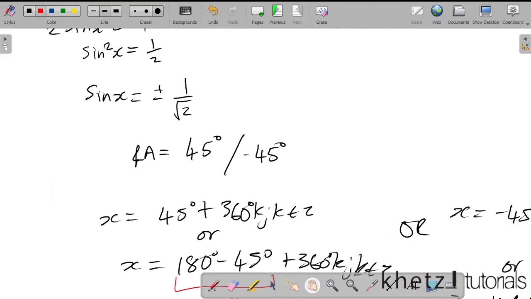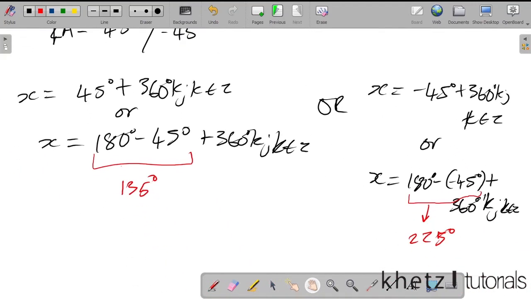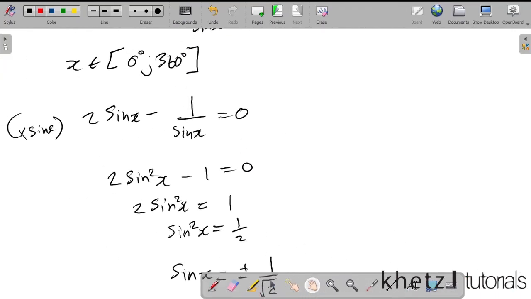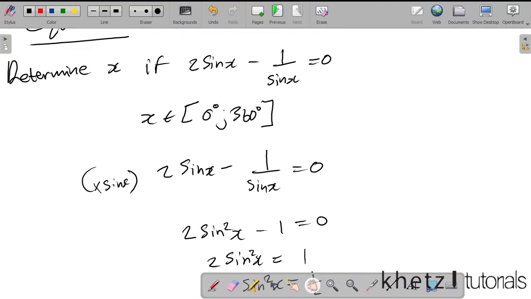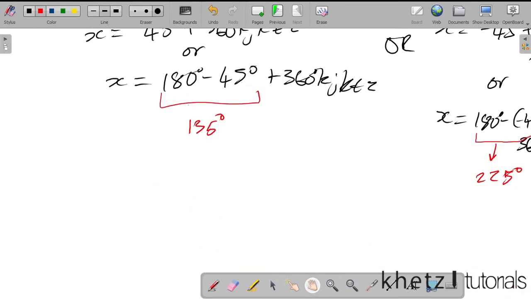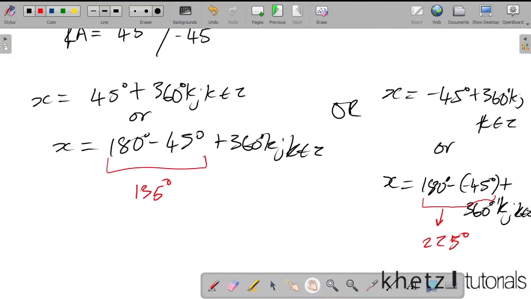Now let's check. In the question, we can't just leave all of these as our answers, because in the question we're given a restriction that our x should fall between 0 and 360 inclusive, right? So now that we're given that restriction, we know for sure that we have to restrict our solutions as well.